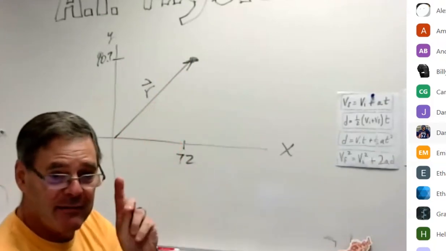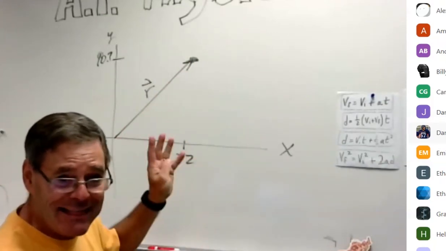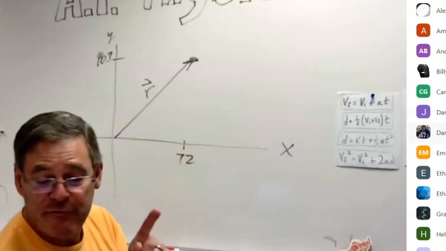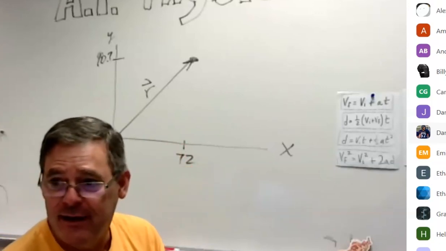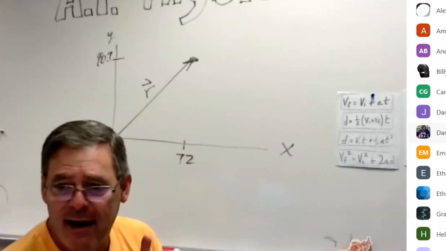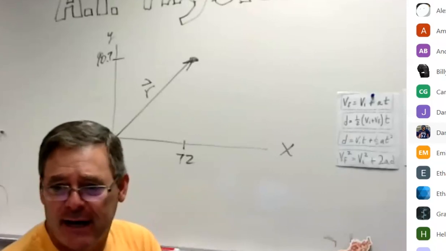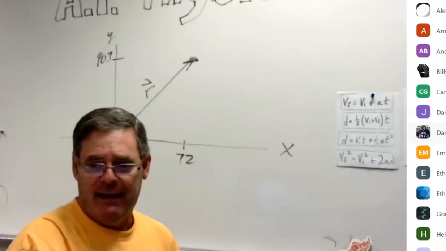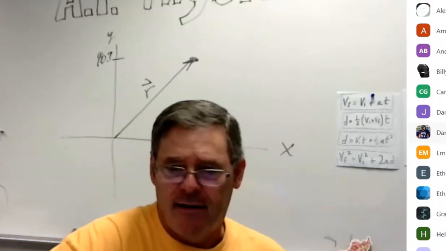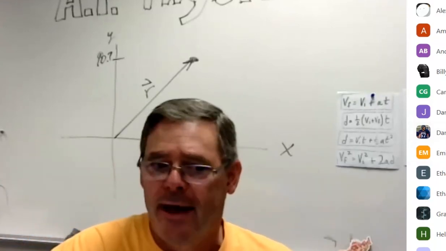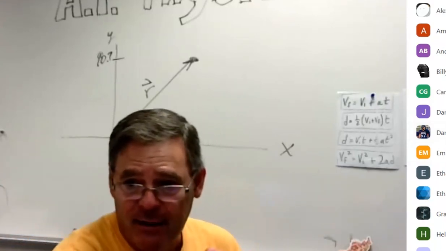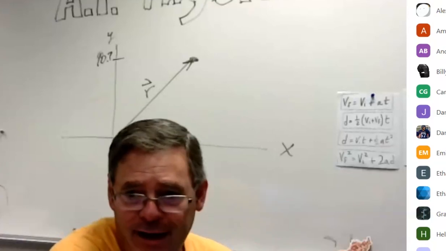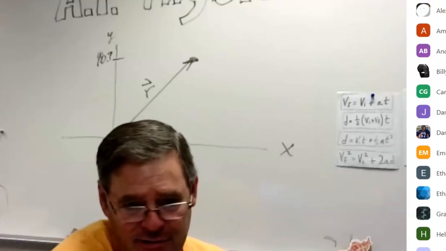At that moment, time equals 4 seconds, that it's at that position, it is moving in a direction that has 29 meters per second in the x direction and 34 meters per second in the y direction. That is what I got when I plugged in my time equals 4 into my velocity equations now.